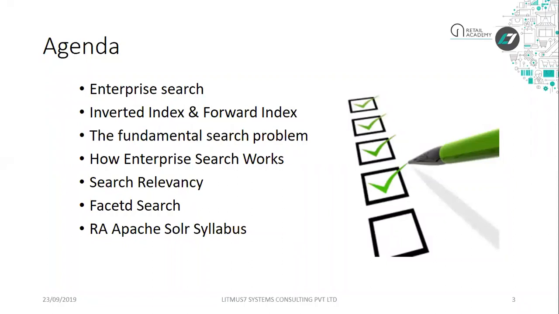We will be going through an overview about enterprise search and some basic concepts about the search, like inverted index, forward index, why we need a search engine, and how enterprise search is working, and what are the different processes involved in an enterprise search, and about the search relevancy and faceted search, and then we will just go over the syllabus, like the Apache Solr syllabus.